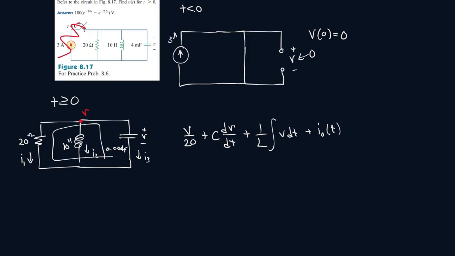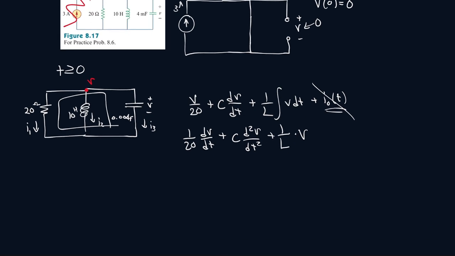So I don't like this integral, so I'm going to get rid of it. So I'm going to differentiate this whole thing. So it'll be 1 over 20 times dv over dt plus C d squared v over dt squared plus 1 over L times v. And this is a constant, so this is just going to go away.